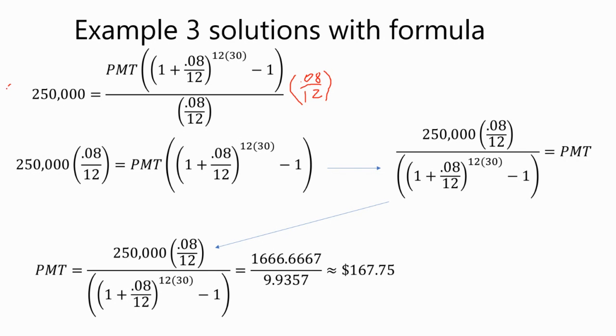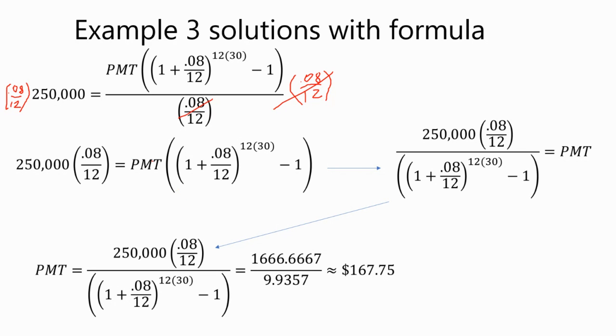We do the same thing over here, like so. So this is going to cancel, and what we get is this. I put it over here, but again, you can multiply in any order you want.